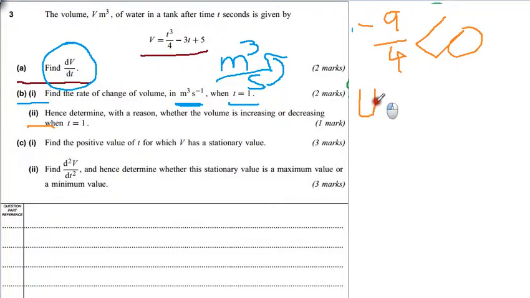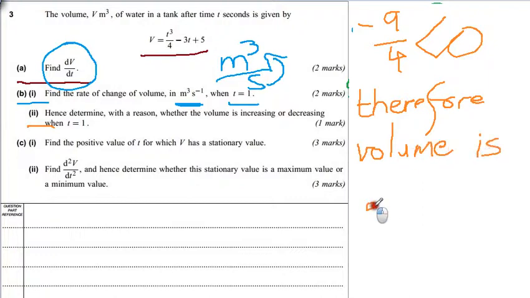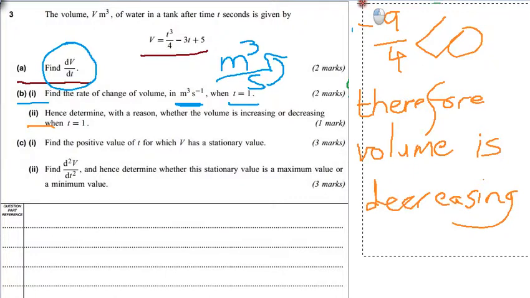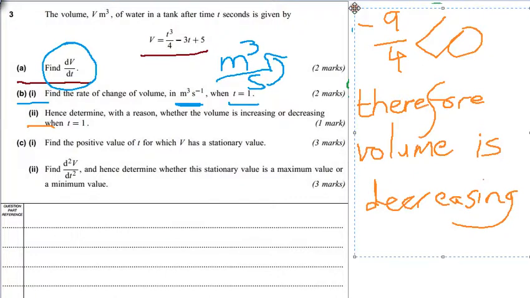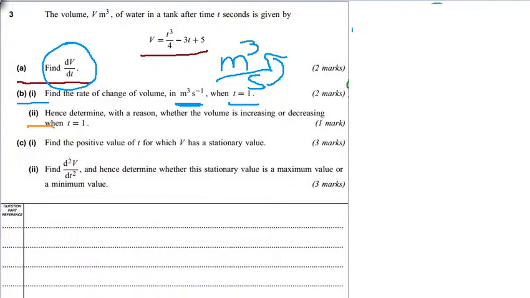Therefore, the volume is decreasing. That's all there is to it. 1 mark. Isn't that difficult really for 1 mark? But you just got to learn how to do it, I suppose.